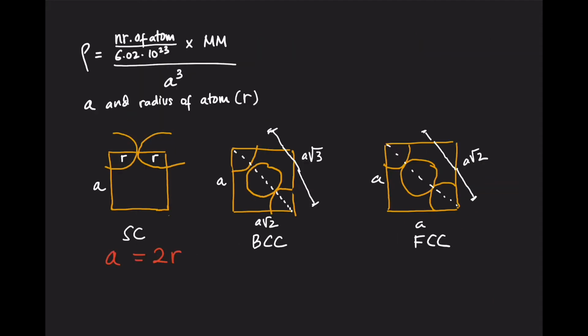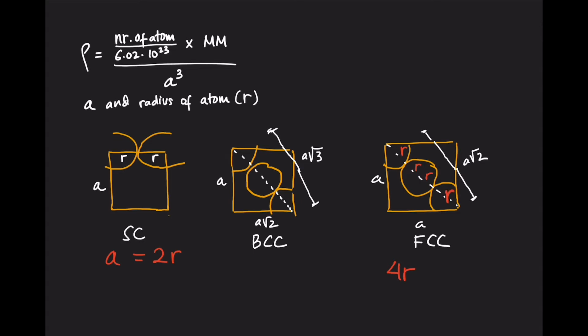We can draw it here like this. If this is A, and this is the diagonal, A times square root of 2, then this is the R of the atom. So in this case, we will write it down as 4R, because here we have the R and also R over here.